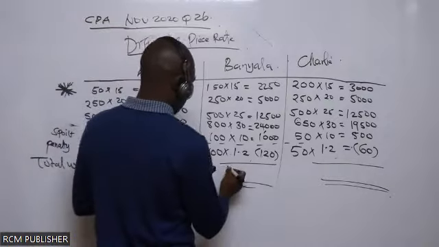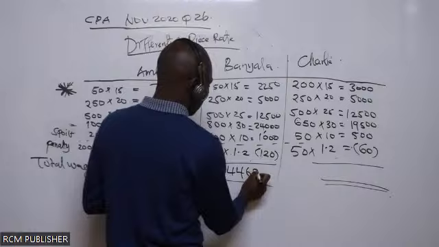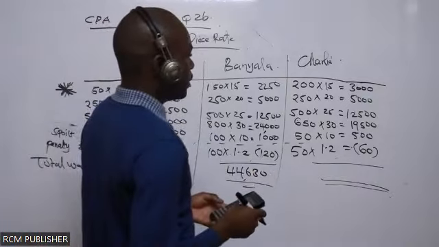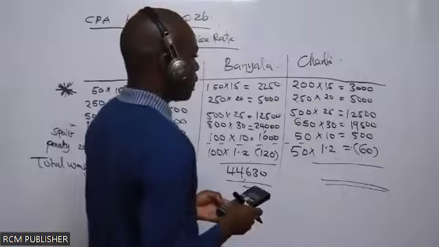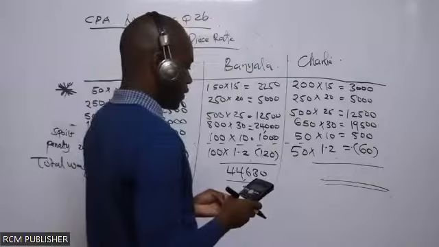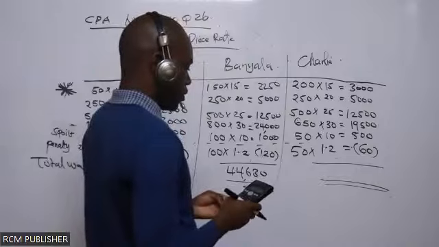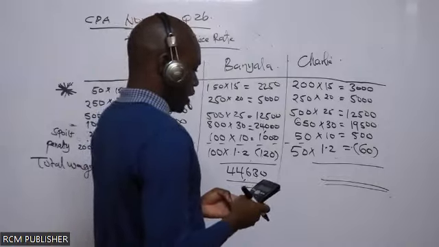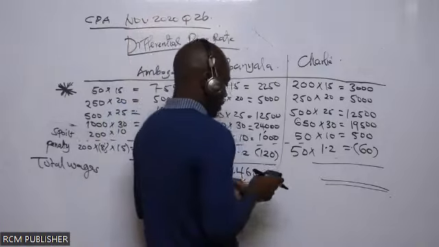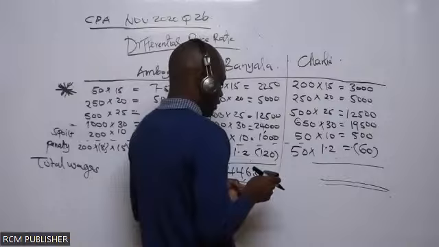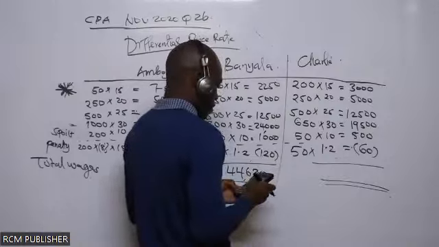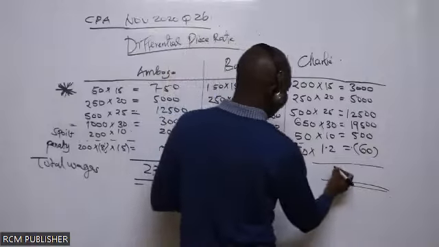I'm going to have 44,630. 3,000 plus 5,000, that is 8,000, plus 12,500, plus 19,500, plus 500, minus 60. Minus 60, we are going to have a total of 40,440.